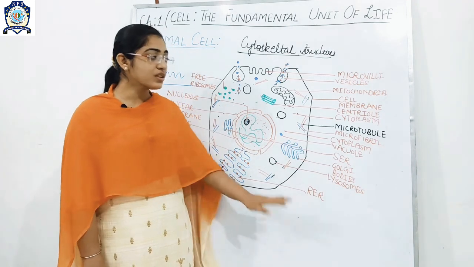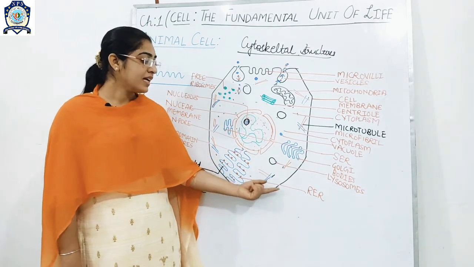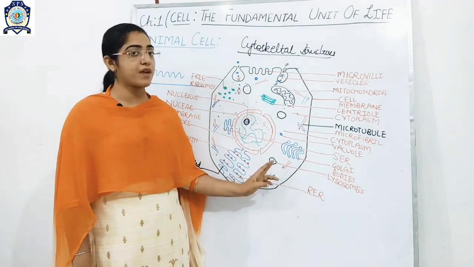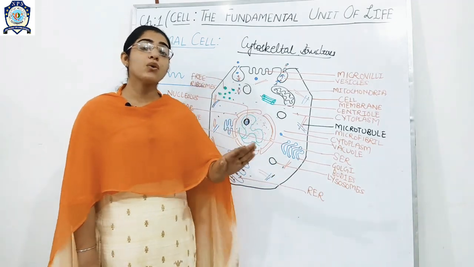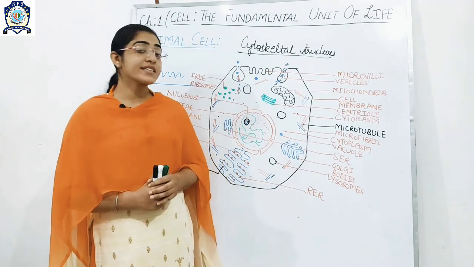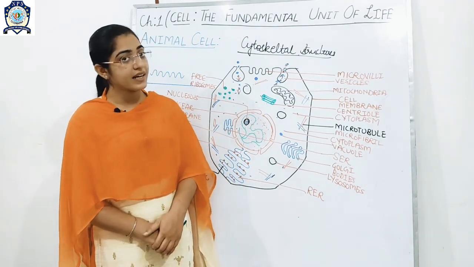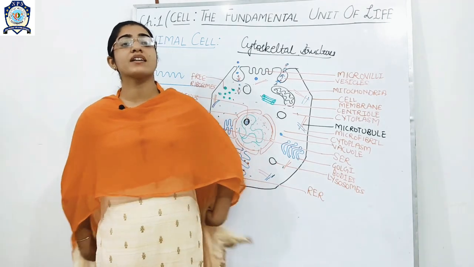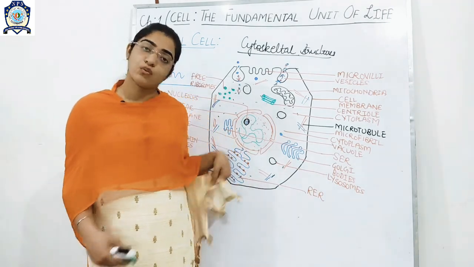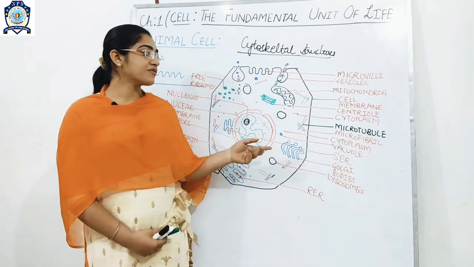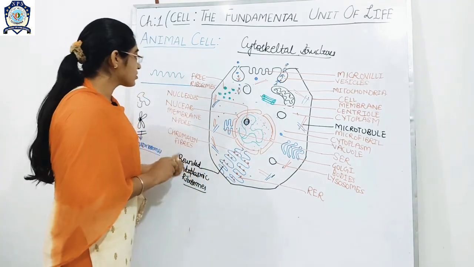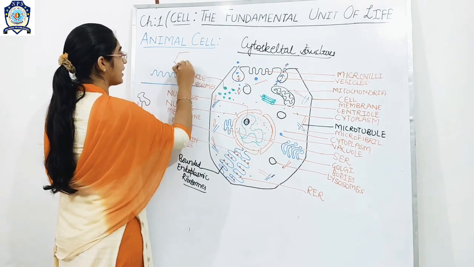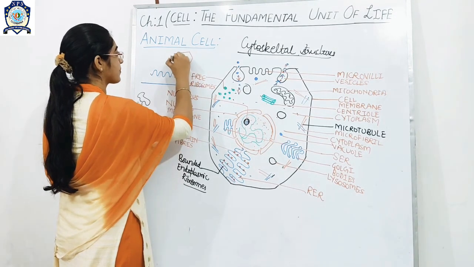Okay, the next one, and the most important one: in the animal cell there is only a single covering, the cell membrane, and there is no cell wall, while in the plant cell there is an outer covering called the cell wall. Is that clear? So simply, if I draw here, in this way I have drawn the structure.